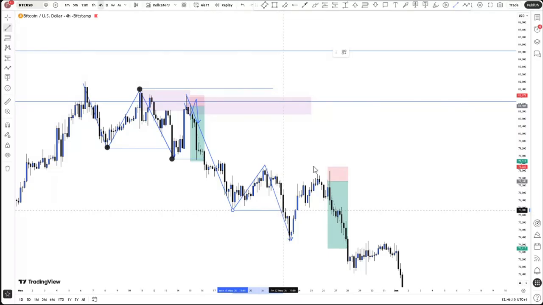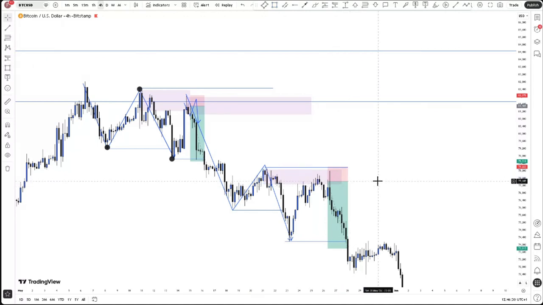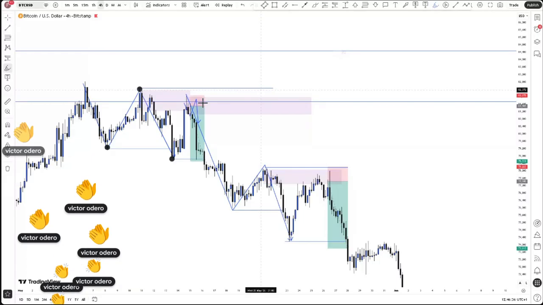Mark your breakout, mark your high, your low. And the next thing you do is you mark your extreme order block and wait for change of character on 15 minutes. All right, now let's go and check these key levels on 15 minutes.